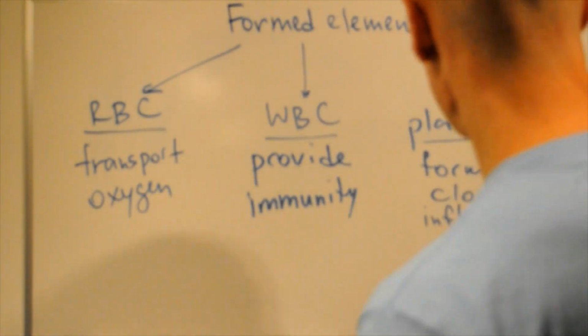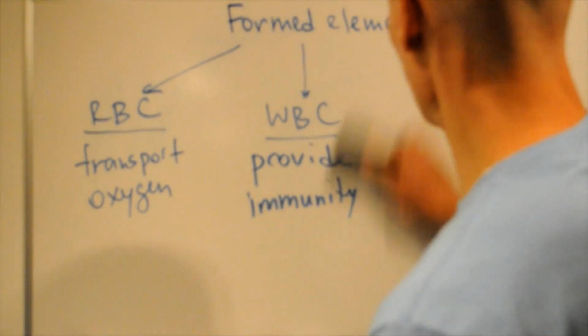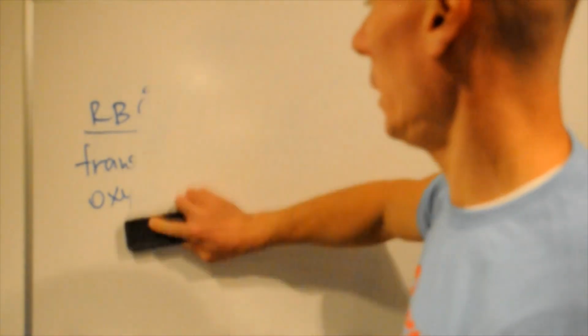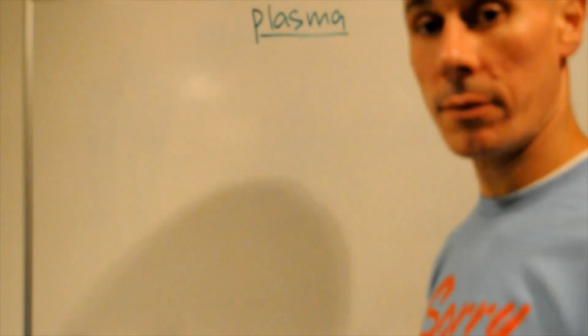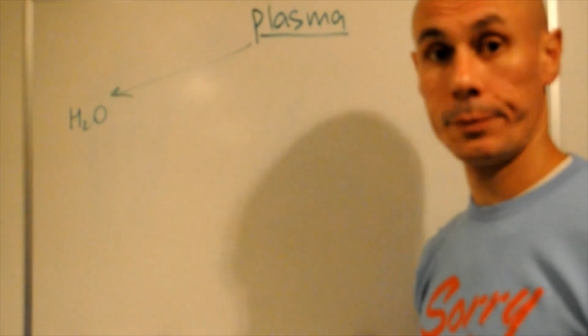Now, the components of the plasma are all acellular. Plasma consists of several major elements. First and foremost, of course, water. Then we have albumin.